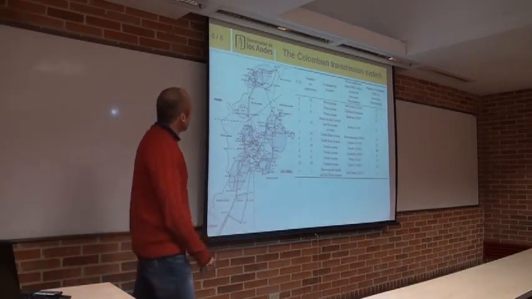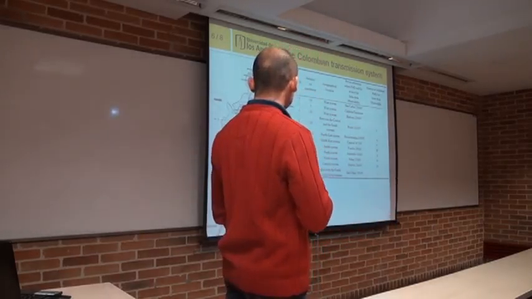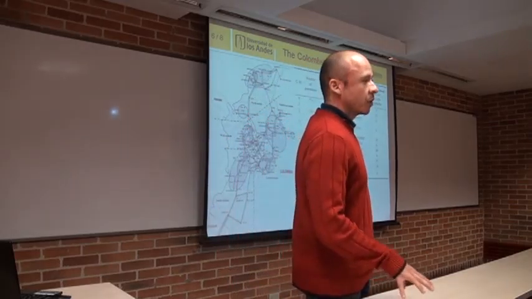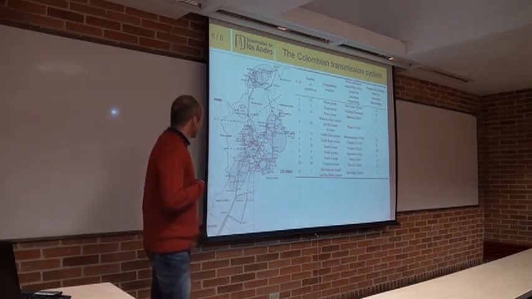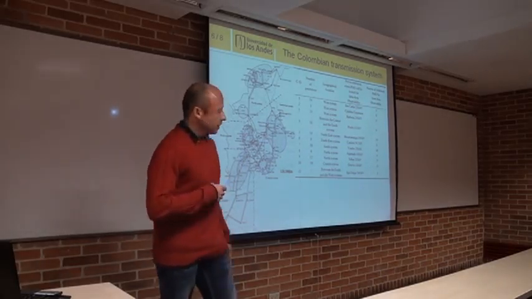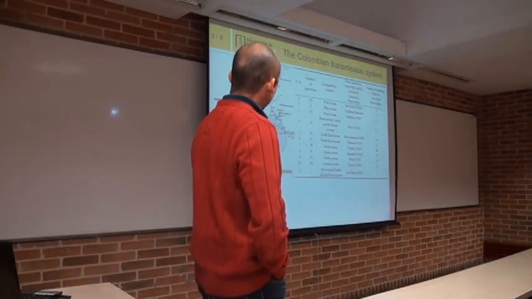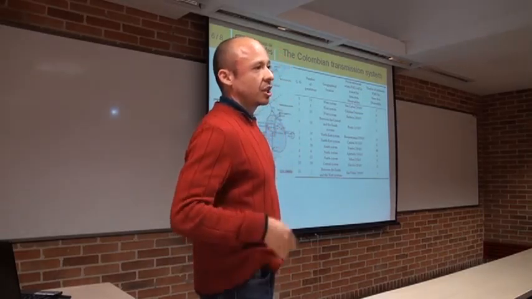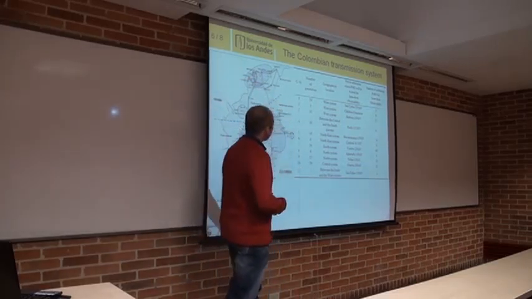The second system that I used to prove the methodology was the Colombian transmission system, because right now I am working with the system operator to use this methodology in the Colombian power system. We found in this system 11 coherent groups, and you can see in the table the number of generators in each group of the system.